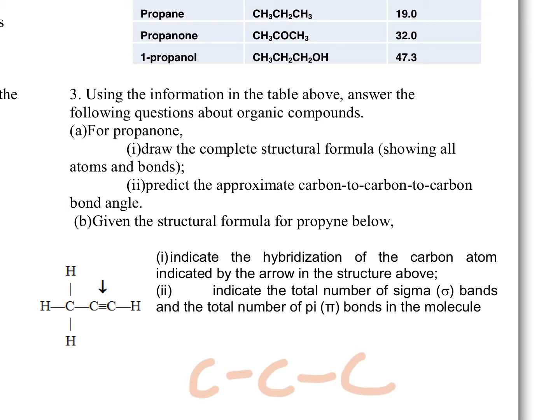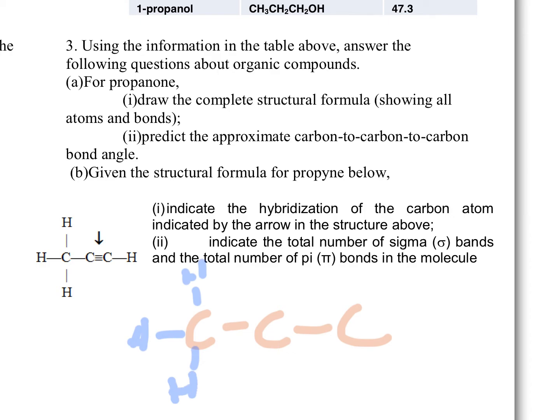Then it says that the first carbon has 3 hydrogens coming off of it, so we put 3 hydrogens coming off of it. It says the second carbon has an oxygen coming off of it. You can put the oxygen above or below, it doesn't matter. And the third carbon also has 3 hydrogens coming off of it.